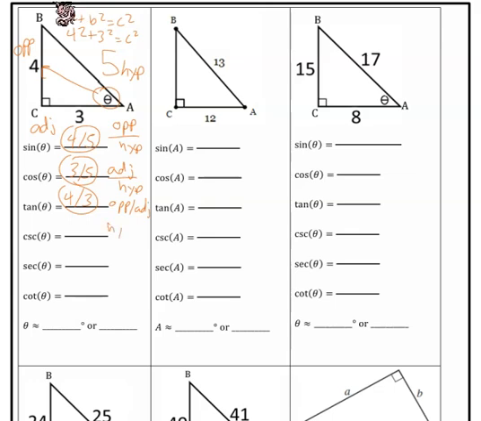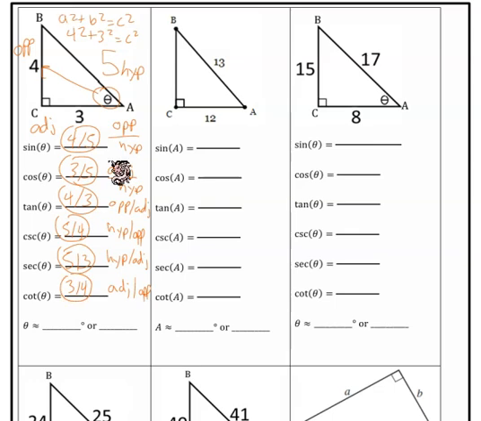Cosecant is hypotenuse over opposite. 5 over 4. Secant is hypotenuse over adjacent. 5 over 3. And then cotangent is adjacent over opposite. 3 over 4.